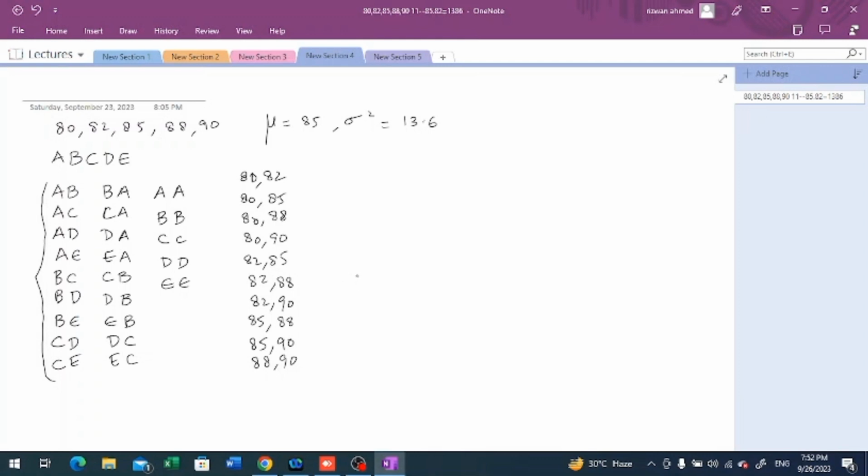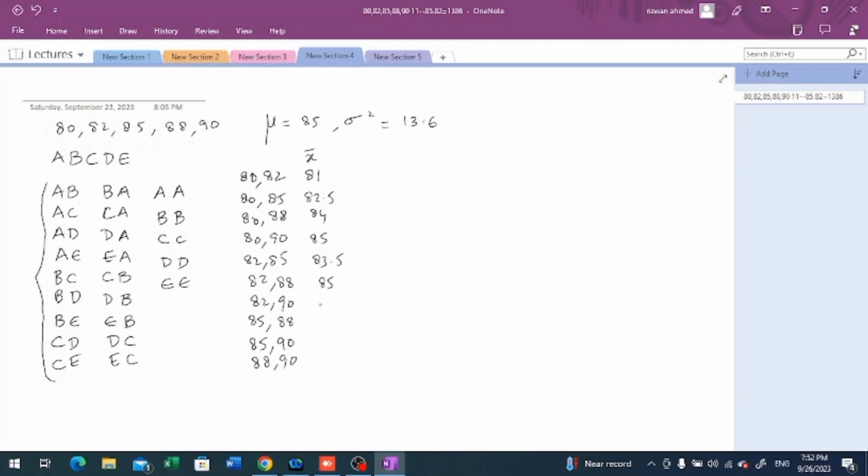Now, when we work out the sample mean values, this is 81, that's 82.5, that would give you 84, this is giving us 85, this would give us 83.5. This sample has the same mean value as the fourth sample, 85.